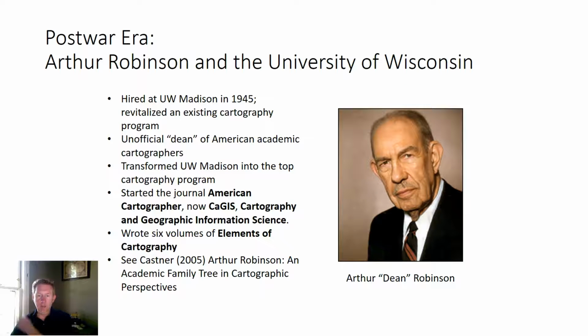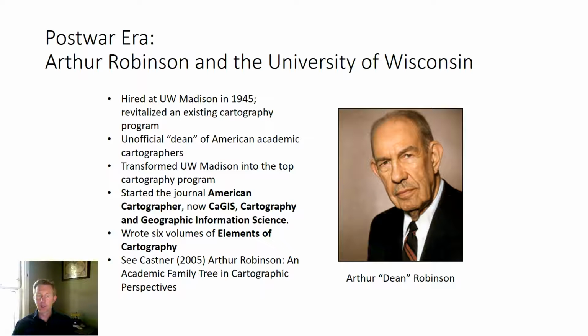This is Arthur Robinson, considered the unofficial dean of academic cartographers in the United States, and he really worked to transform UW-Madison into one of the top cartography programs in the United States. Many of the academic journals that we use in cartography to publish our research bear the imprint of Arthur Robinson. He's the one who got started the American Cartographer, which became Cartography and Geographic Information Science.